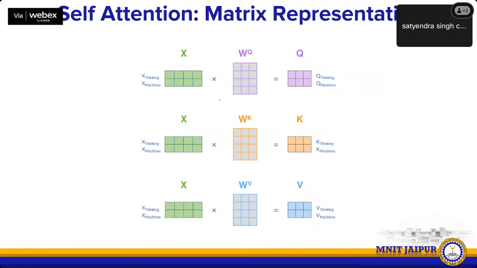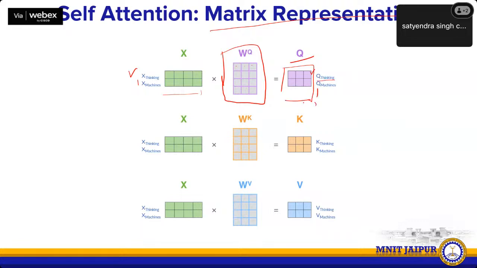We can think of this as a matrix representation as well. You can see here all the tokens and their corresponding embeddings are stacked together and multiplied with a weight matrix, whose values are learned during training time, and you get a query matrix, in which the first vector represents the query for thinking, the query for machine, and so on.